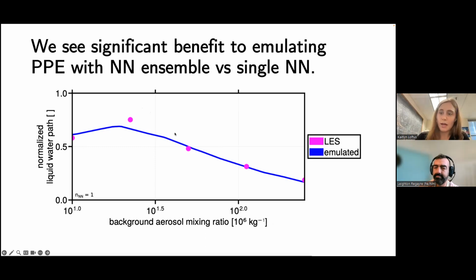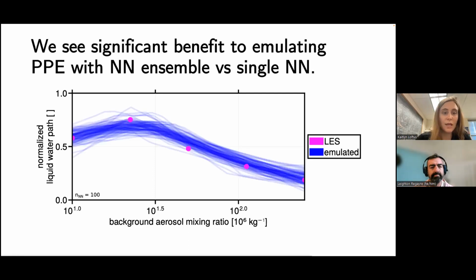In order to better characterize this mismatch, we can repeat this process of fitting neural networks to our perturbed parameter ensemble and generate a whole bunch of different neural networks. By repeating this training process many times, we can get a fairly good coverage of the behavior of this property, and also we can estimate its uncertainty.